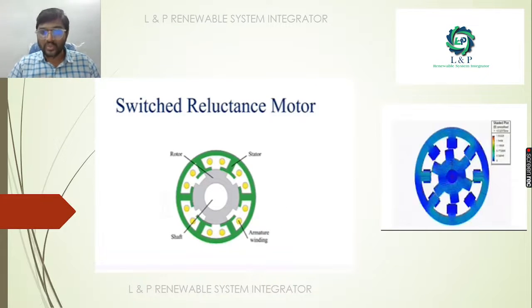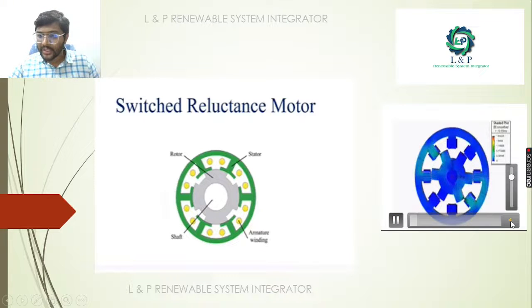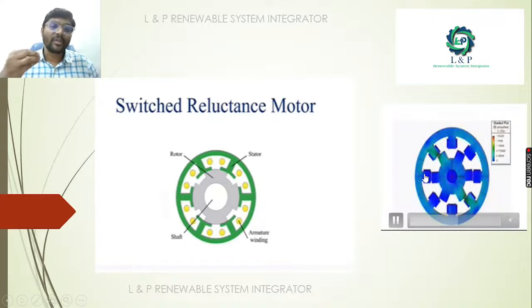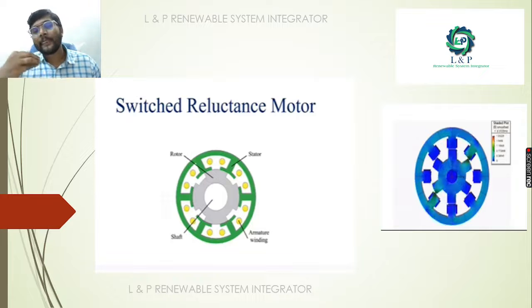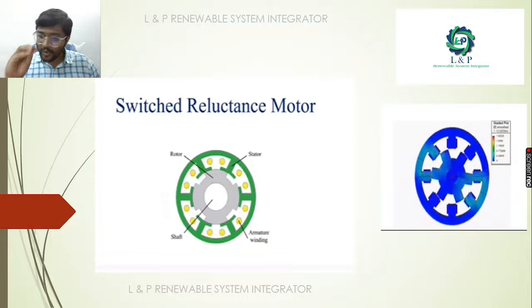So what is the switched reluctance motor? A switched reluctance motor is a motor which has a shaft, a rotor, and a stator, and see here these are the armature windings. Before going into depth on the switched reluctance motor, we should know what reluctance is.